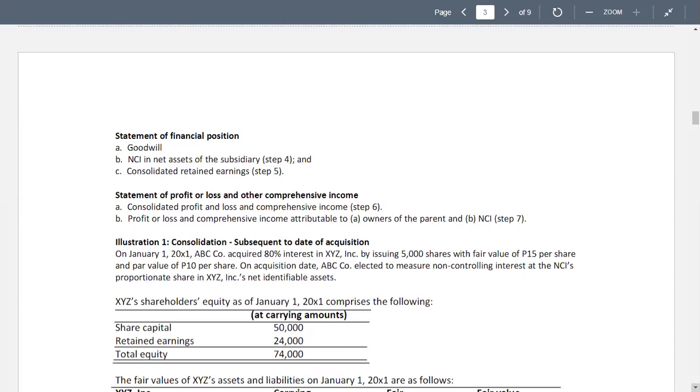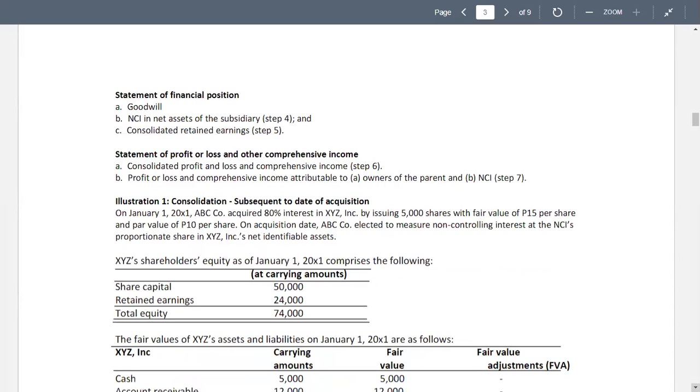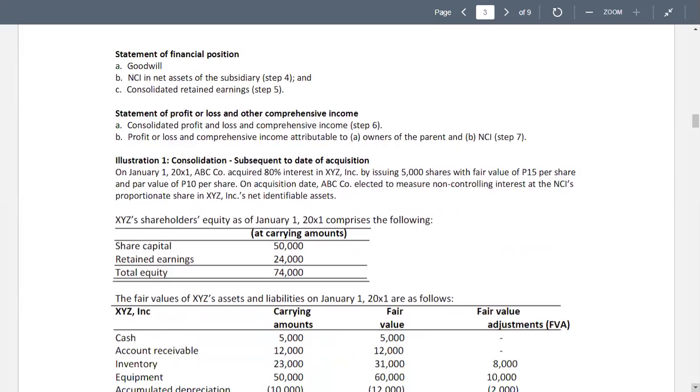Now, take note that these are found in the books of XYZ. The share capital is only 50,000, that's the par value, and retained earnings, 24,000. If you go back to the given data, the share capital of XYZ is really 50,000.